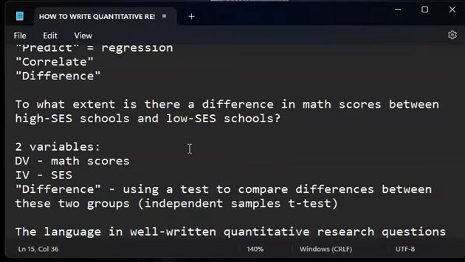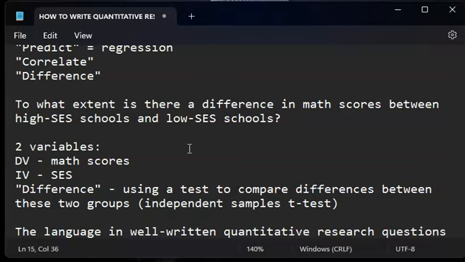Everything about research questions should really be leading into what kind of statistical analysis you're conducting in your research, and that should be evident in well-written quantitative research questions. And just so you know, you might see published research that doesn't always follow these principles. Just because something's published doesn't always mean that it's good.